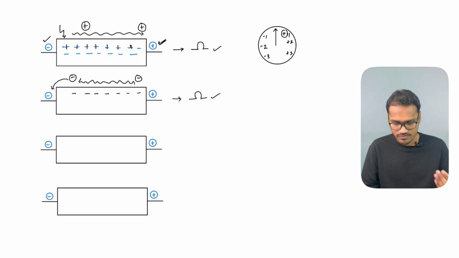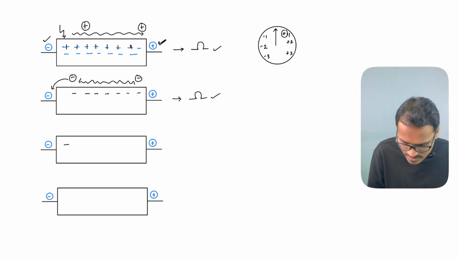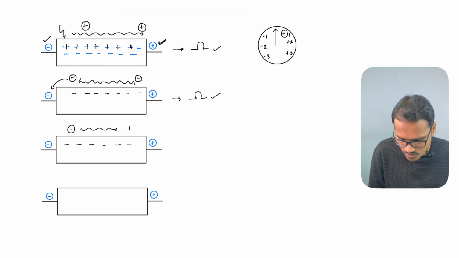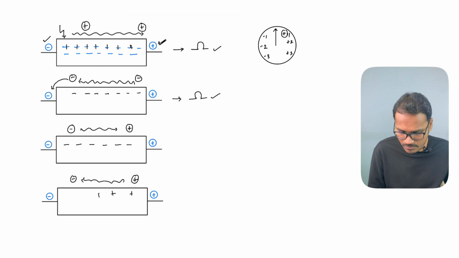Whereas the reverse, for example, if negative charges are moving towards the positive electrode or positive charges are moving towards the negative electrode, in both these conditions the deflection is going to be negative.